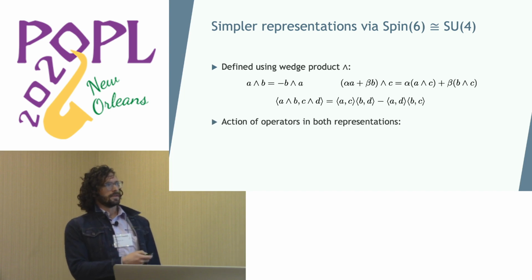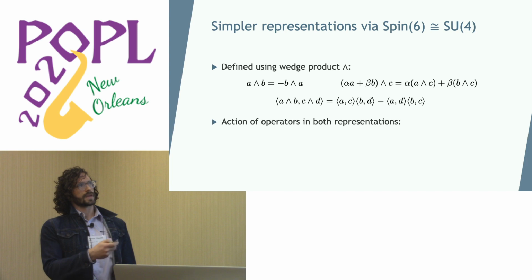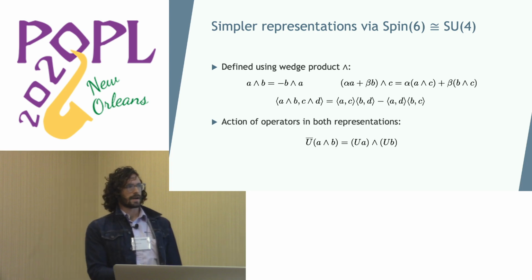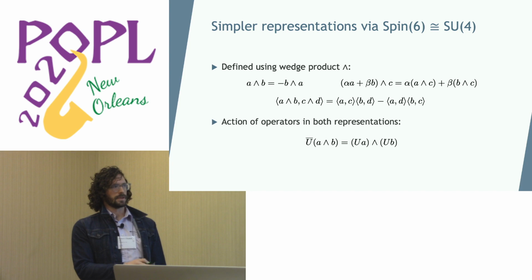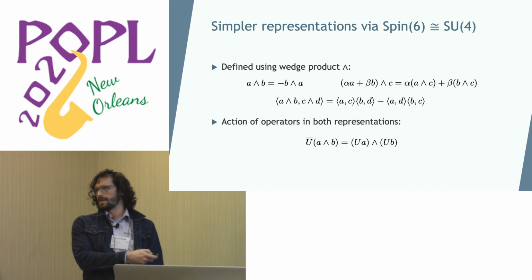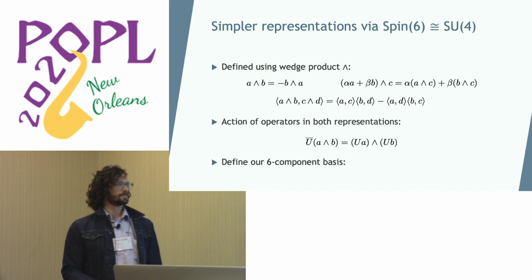We need to define how operators act in SU(4) and how that corresponds to how operators act in this Spin(6) representation. They act via this relationship here. Your SU(4) operator U acts on the two vectors you're taking a wedge product of, and that defines how your Spin(6) representation looks.